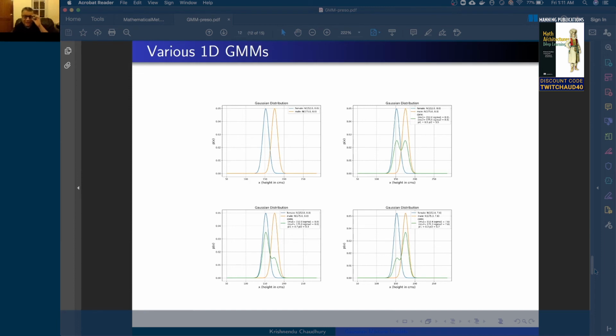And the green curve in the remaining 3 depicts the Gaussian mixture model. Note that as we have different pairs of pi, the pi's always sum to 1. So if one of them is given, the other one is determined. If they're both 0.5 and 0.5, then you get this kind of a Gaussian. The green curve here indicates a Gaussian mixture model which has equal values for pi.